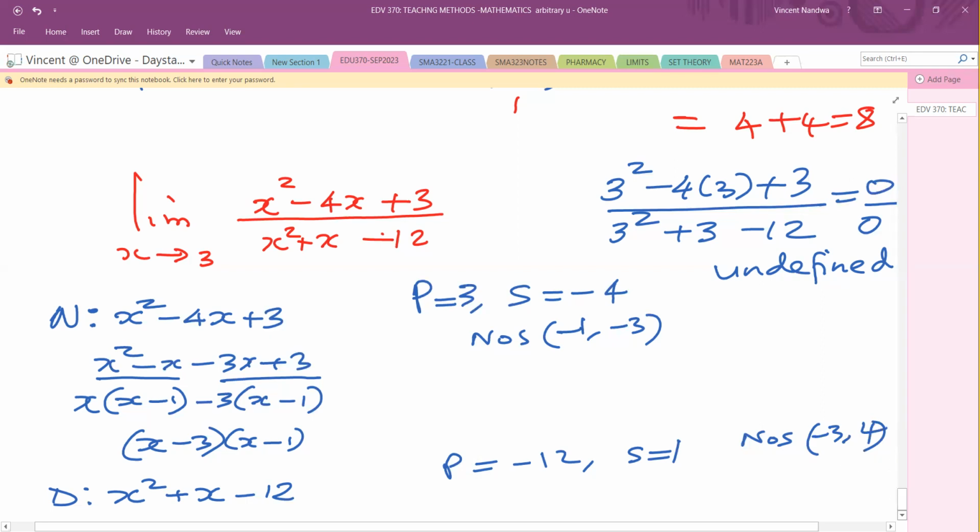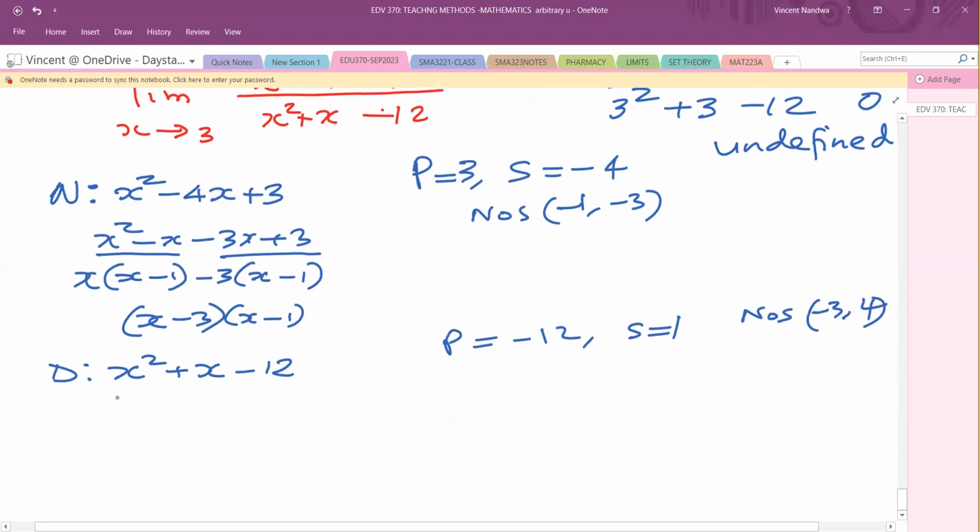So tunatumia those two numbers to rewrite the middle term. So kunakuwa na x squared minus 3x plus 4x minus 12. And then we pair the first two, pair the last two. Okay? So tutakuwa na common here is x into x minus 3, isn't it?